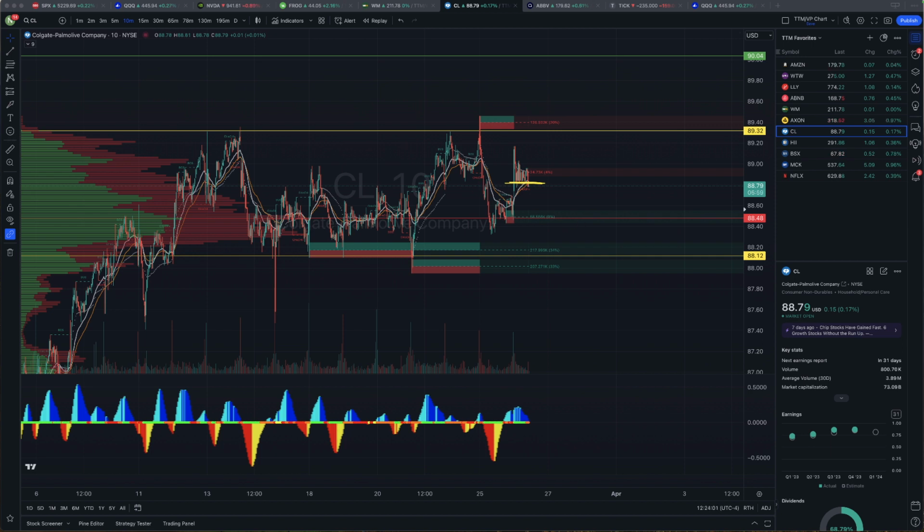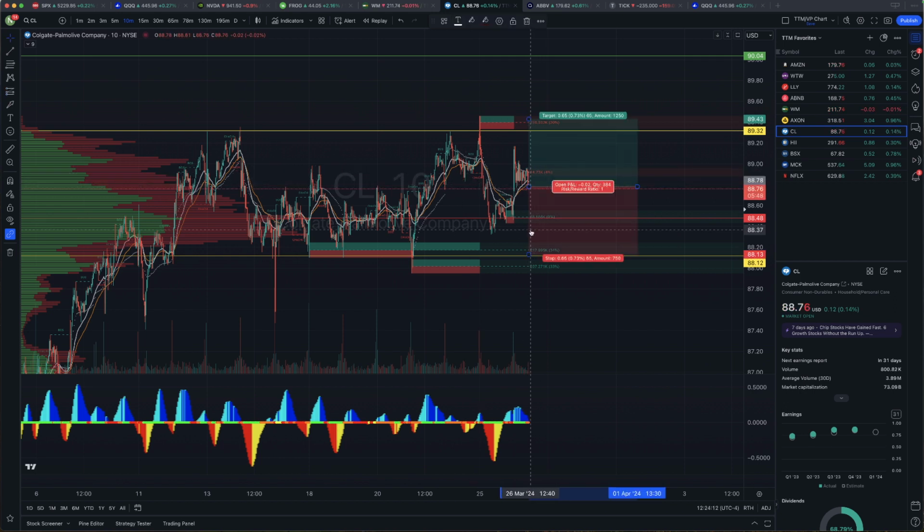Right now, my risk reward, let's say I'm targeting 90. Let's look at our risk reward. If that's my stop area and I pick it up right here, it's almost a 2-to-1. So you could pick it up right here if you wanted.